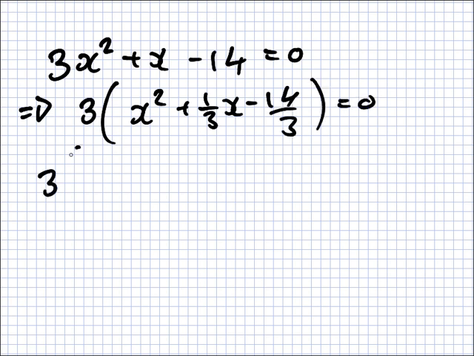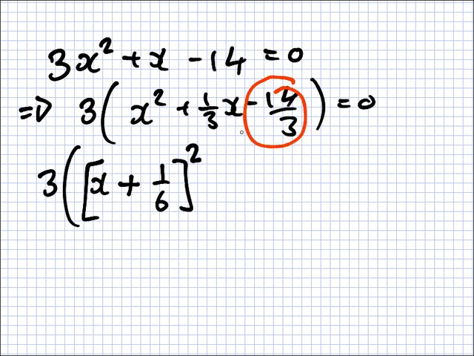Step 2: you say that it's x plus a half of this middle number, squared, and then you do this minus the square of that. So it's minus 14 over 3 minus 1 over 36.